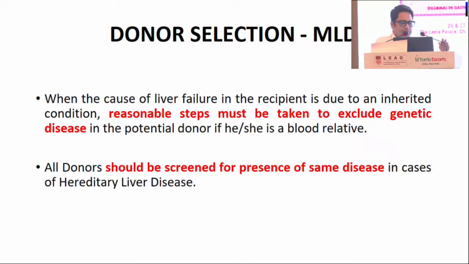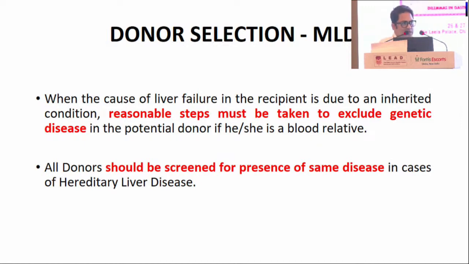So what is the specific thing? If we choose a donor for metabolic liver diseases, what are the special criteria, or where should we be very vigilant to select such donors? Reasonable steps must be taken to exclude genetic diseases.